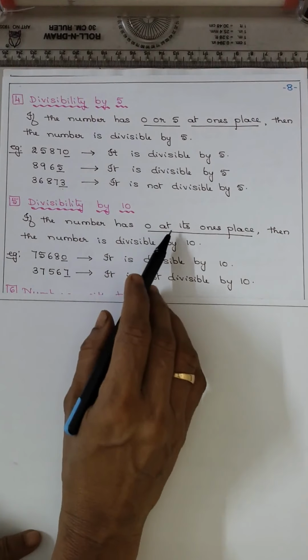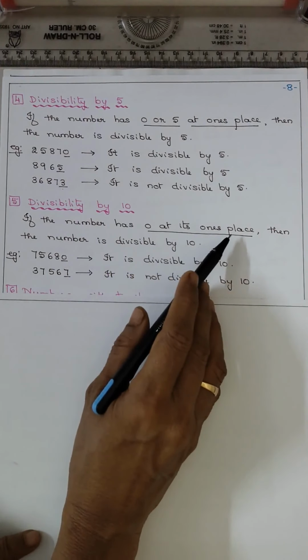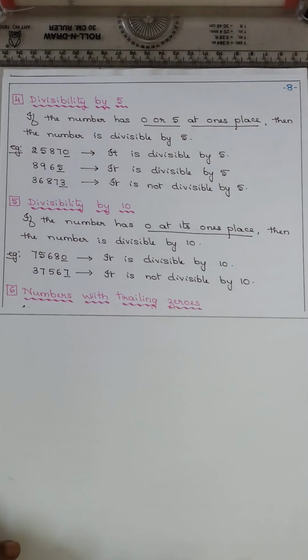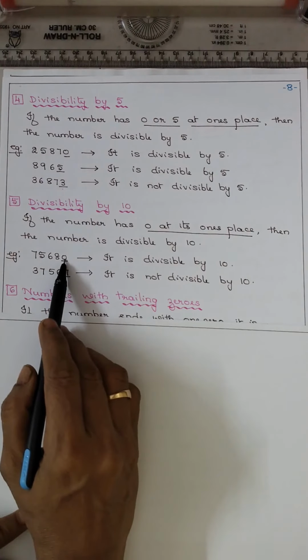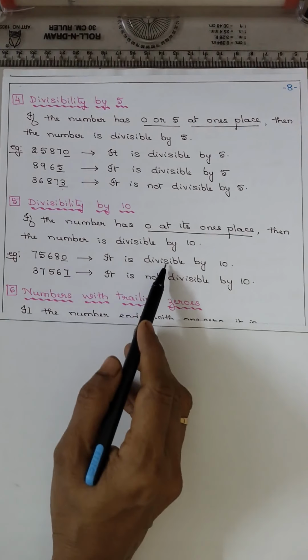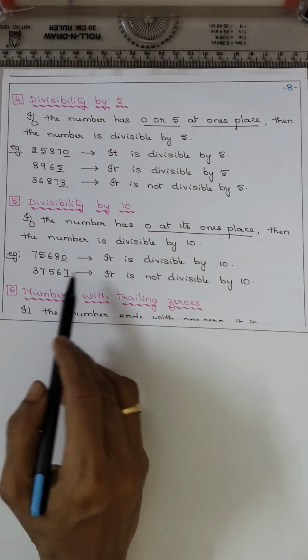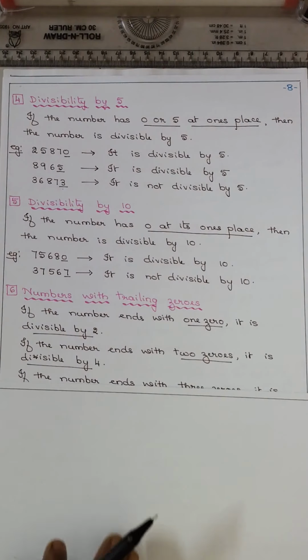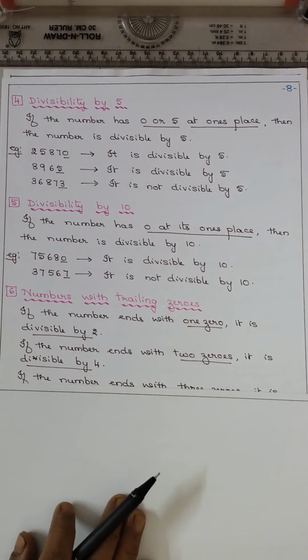Now 10 is even easier. If the number has 0 at its ones place, so the number should end with 0, then it is divisible by 10. Ending with 0, it is divisible by 10. Ending with 7, not divisible by 10. Now, depending on how many zeros the number ends with, we can also say.